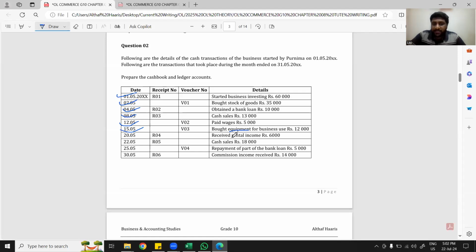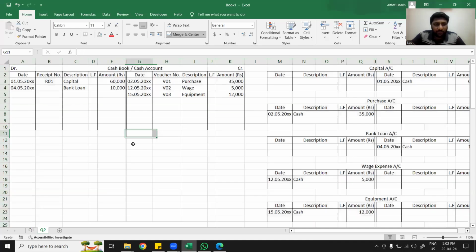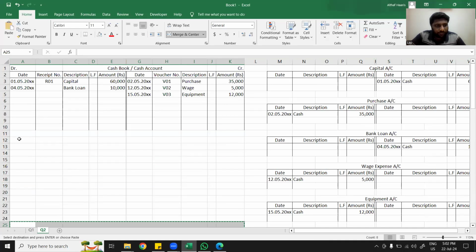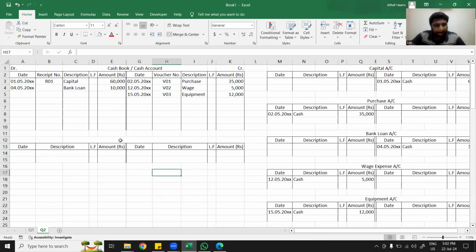Next one, received rental income. Income, you are getting money, 6,000. You are getting money in the rental income account, 6,000.